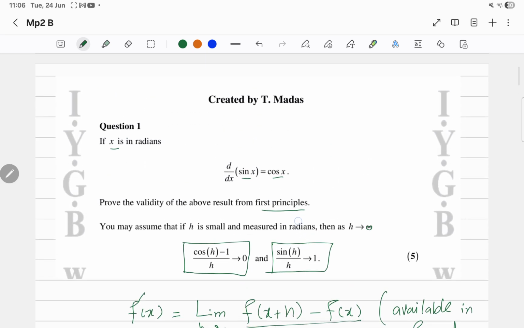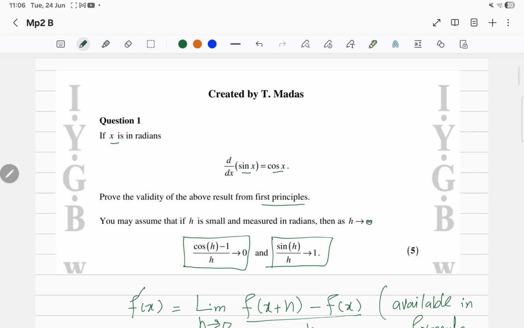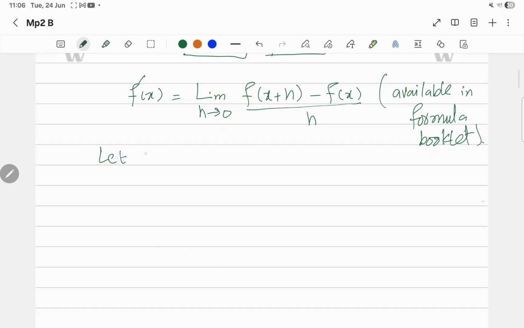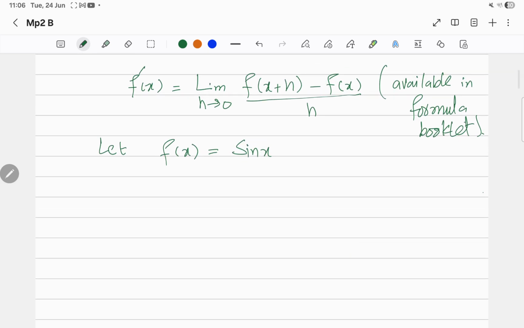Okay, since we have to prove that the derivative of sine x equals cos x, suppose f of x equals sine x. Then the derivative of f of x is f prime of x, and we have to show that f prime of x equals cos x. In the formula we need the value of f of x plus h as well.